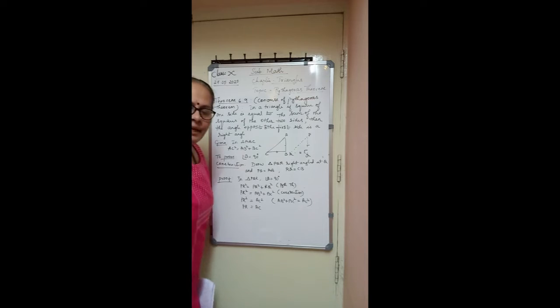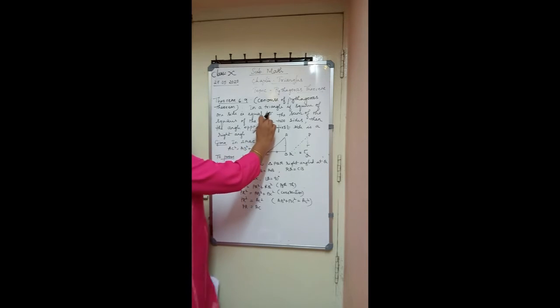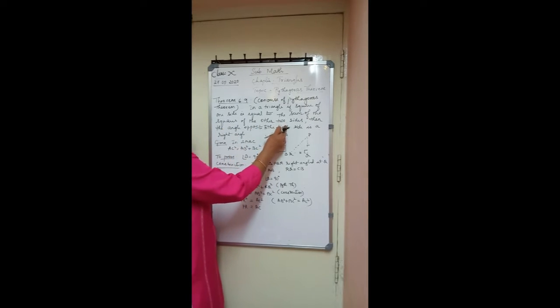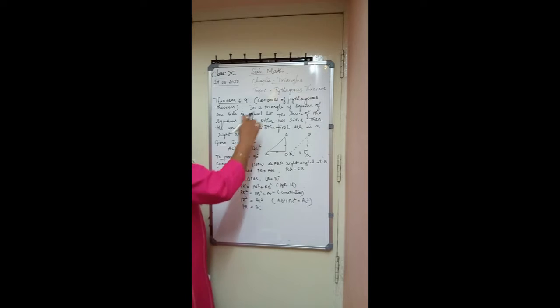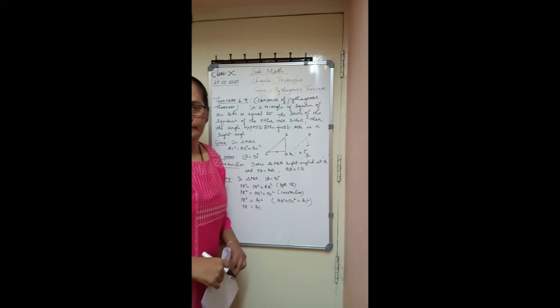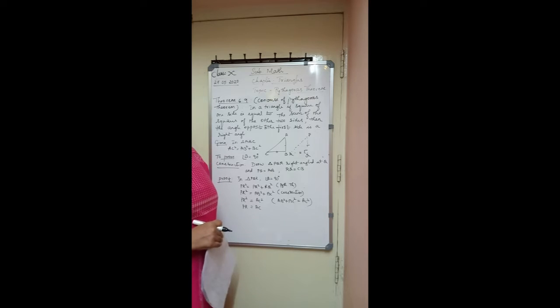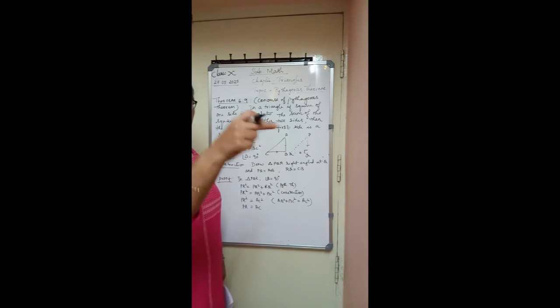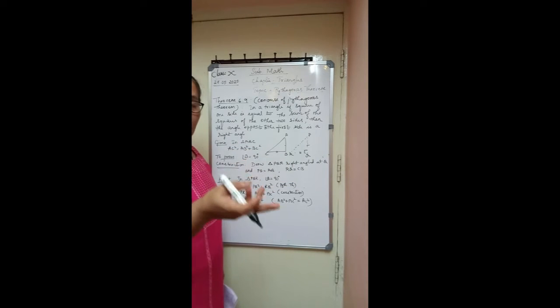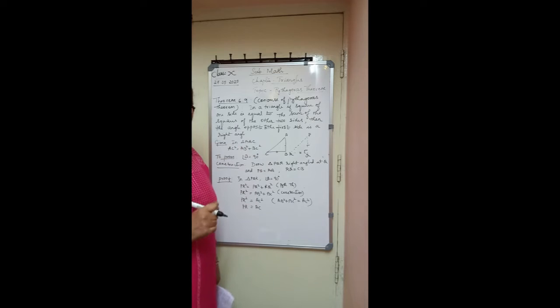The converse of Pythagoras theorem states that in a triangle, if the square of one side is equal to the sum of the squares of the other two sides, then you have to prove that the angle is a right angle.